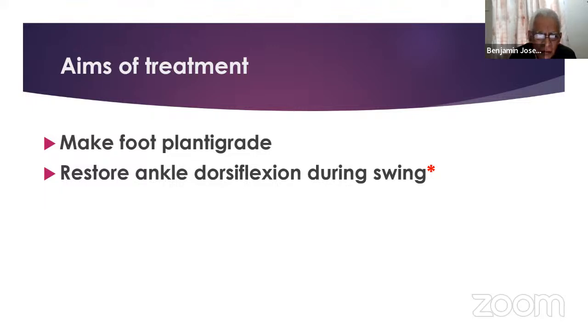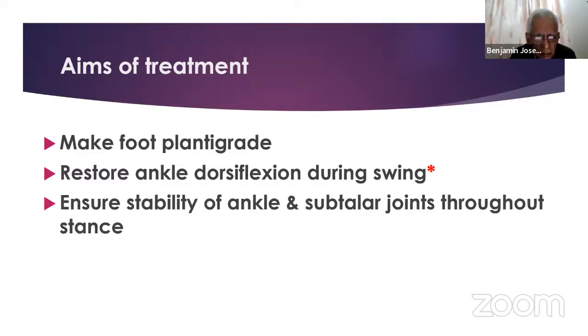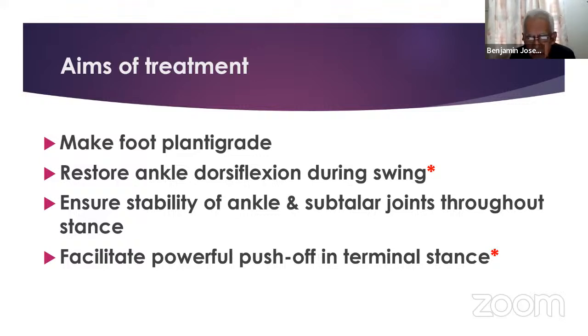Sorry. So you may not achieve active dorsiflexion during swing, but at least you should be able to prevent the foot from dropping during swing. You need to ensure stability of the ankle and subtalar joint throughout the stance phase. And you should try to facilitate a powerful push-off. Now, the reason why you don't have a normal push-off is usually when there is paralysis of your triceps surae or the gastrocsoleus.